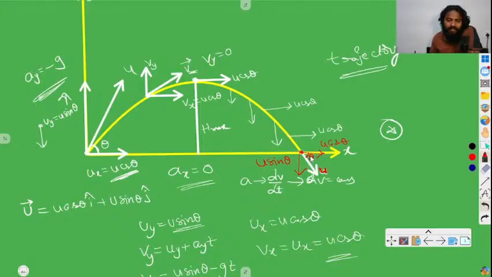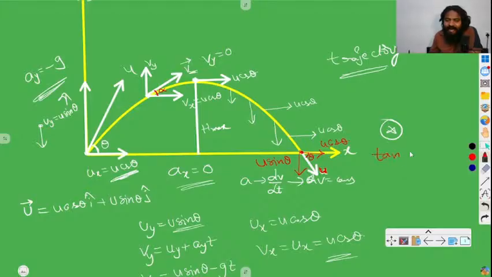And if they ask you to find the velocity at any point, up to now we have discussed the velocity vector. Now they'll ask you the direction. For example, if it is making an angle alpha, then this alpha gives the direction of the velocity vector with respect to the x-axis. That is why you have to find alpha.